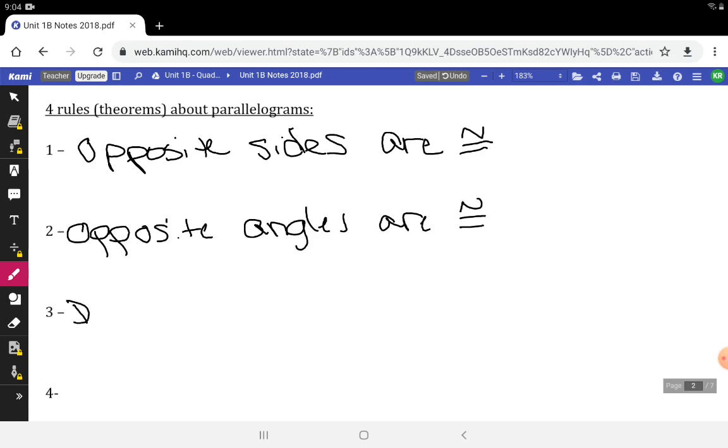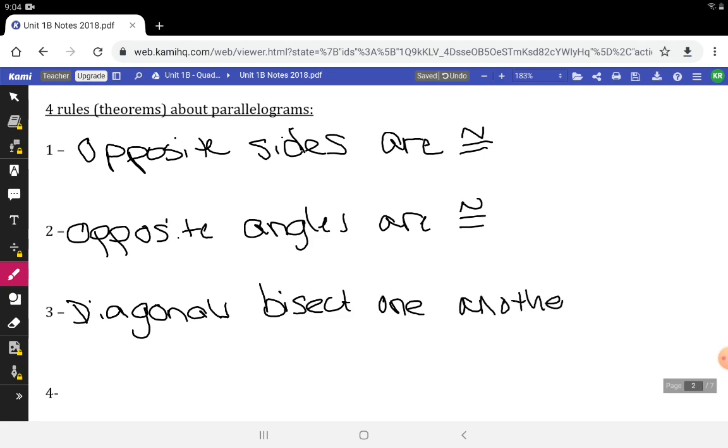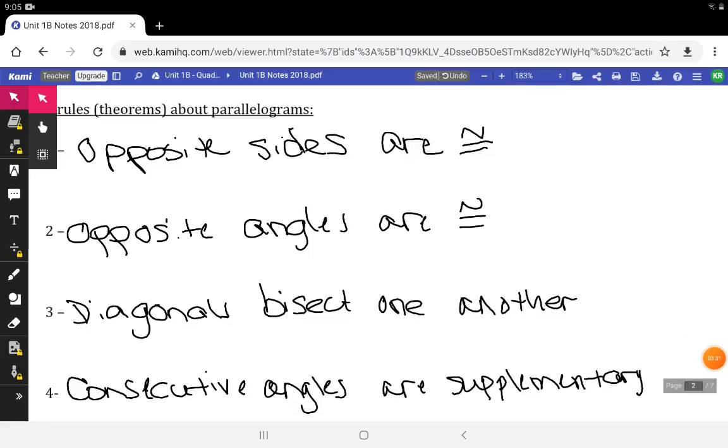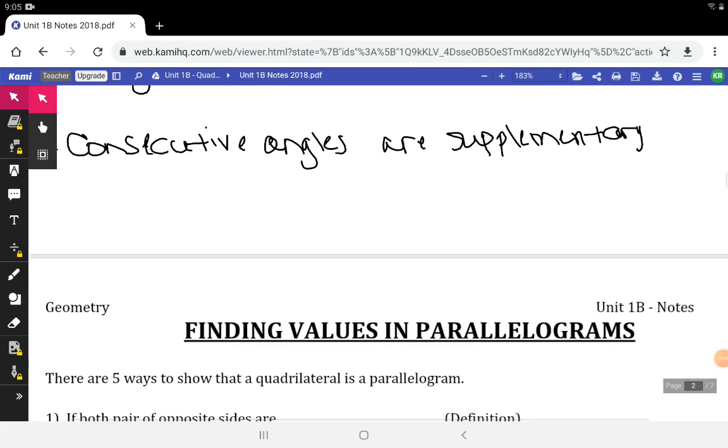We know that the diagonals of any parallelogram bisect one another. And we know that consecutive angles are supplementary. So, using these definitions, we can now find values in parallelograms.